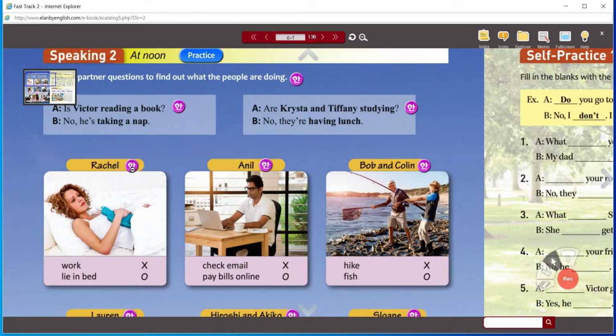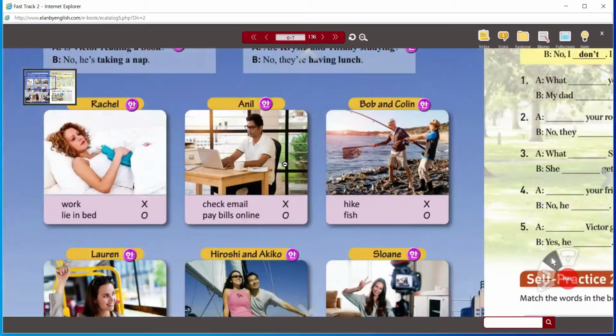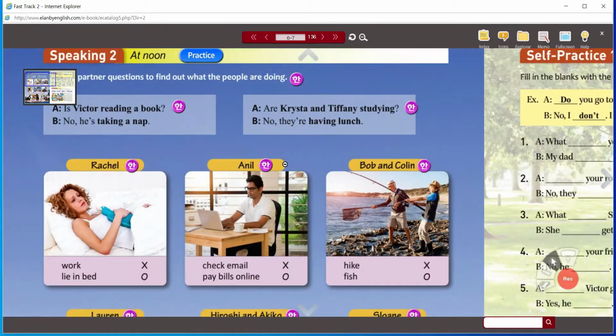First, you're going to talk about Rachel, then Anil, Bob and Colin, and then you can talk about the other people listed below. In each activity, you're going to ask about something that they're doing. So we know Rachel, and we're going to ask if she is working.